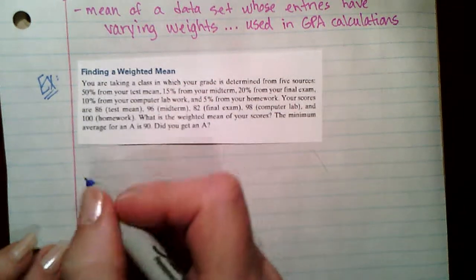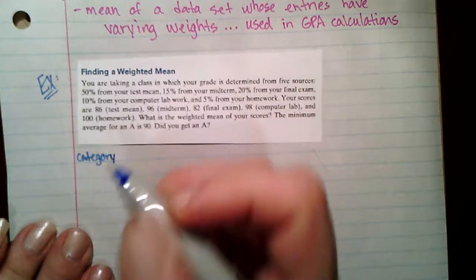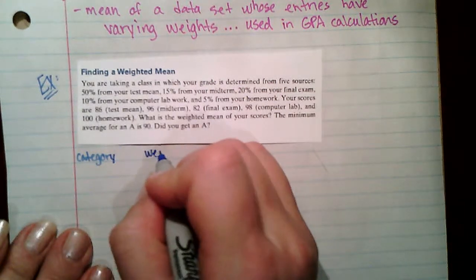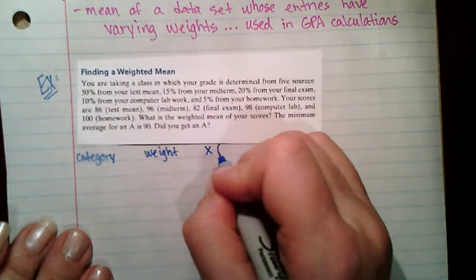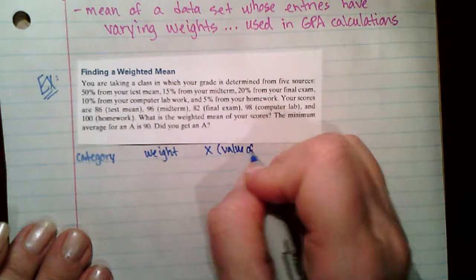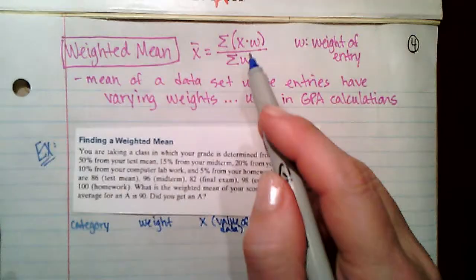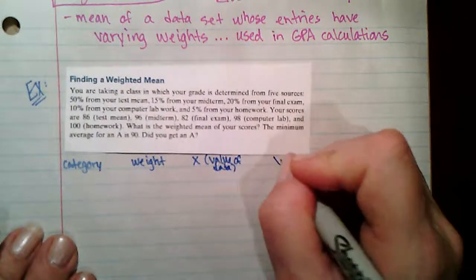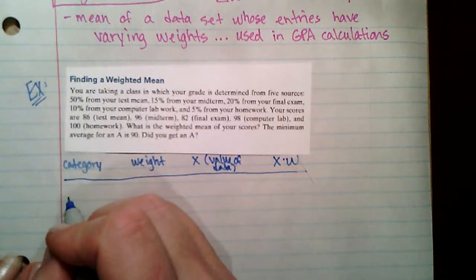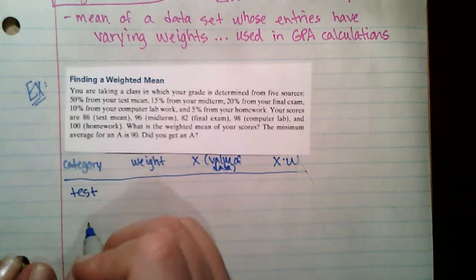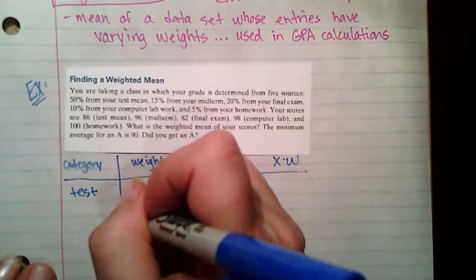So what we're going to do is create ourselves a little table where we're going to list the category, the weight, and the value of the data, which is X. And because the formula uses X times W, we'll figure out X times W. So our categories are test, which was 50%, so I'm going to use 0.5 for my weight.